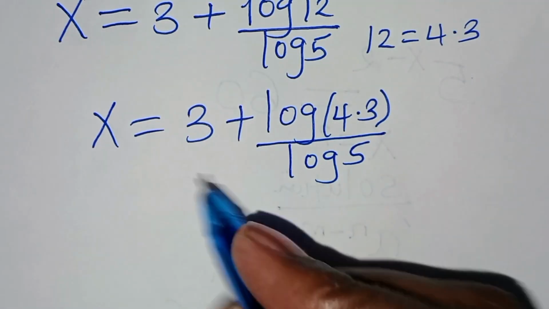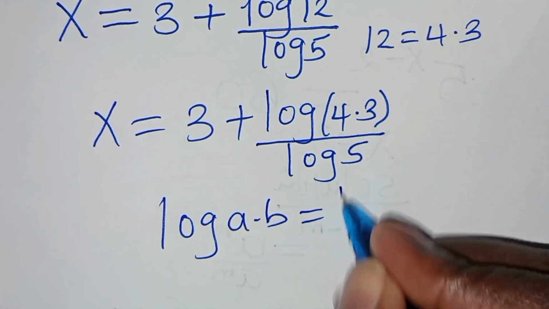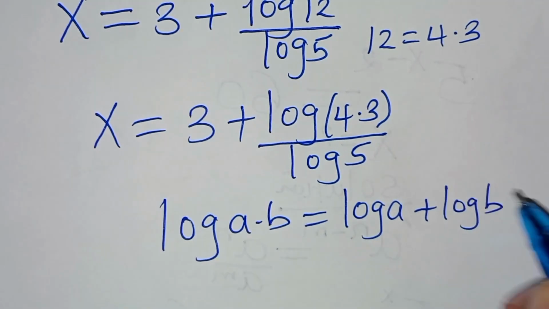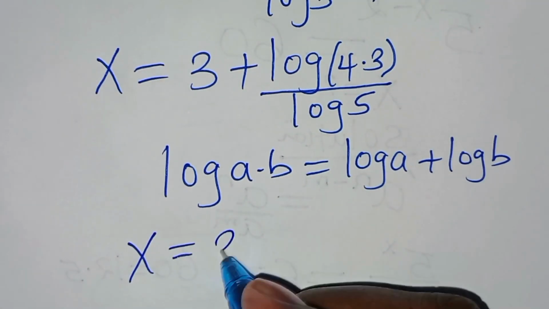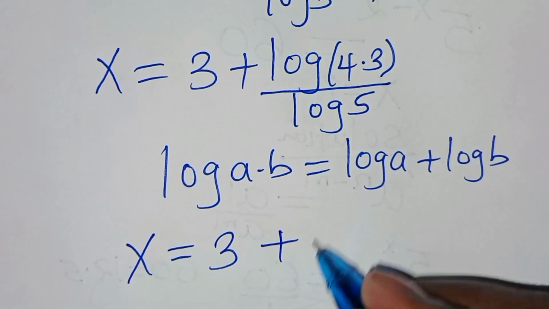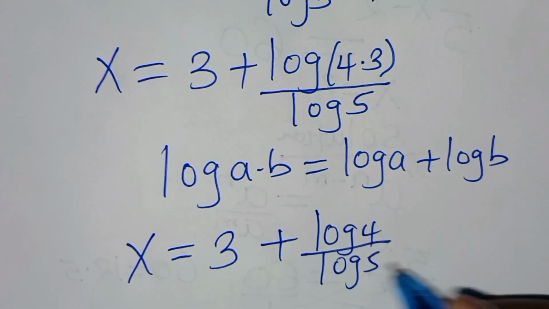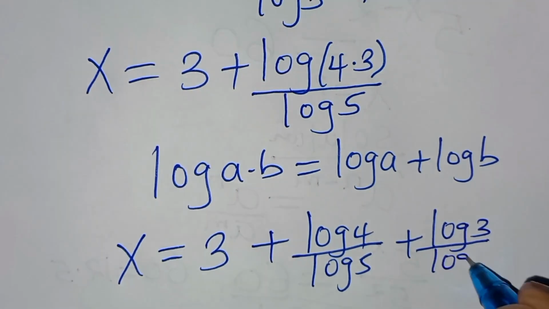So log 4 times 3, this is again in the form of log a times b, which we can express as log a plus log b. Applying this logarithm property, then x will be equal to 3 plus, now here we'll have log 4 divided by log 5, then plus log 3 divided by log 5.